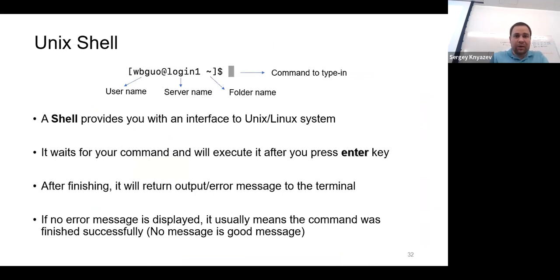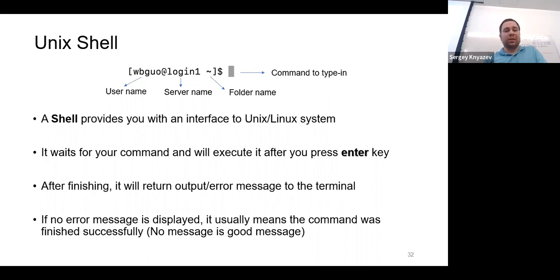So what is inside the Unix shell? Once you're connected, you see this prompt at the beginning of the bottom line. What is it trying to tell us? First of all, the first part is your username.